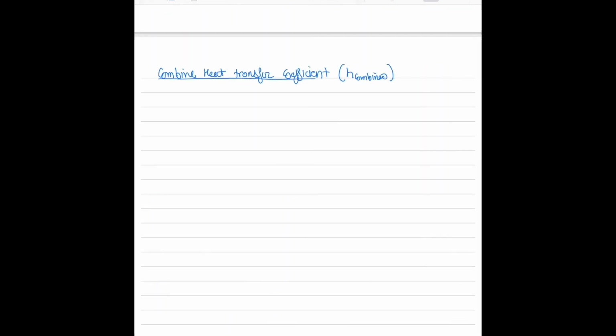Now we will discuss the combined heat transfer coefficient, expressed as h combined. Suppose we have a surface at an absolute thermodynamic temperature of Ts, with emissivity epsilon and surface area A s, and air is blowing over it at a temperature of T infinity.